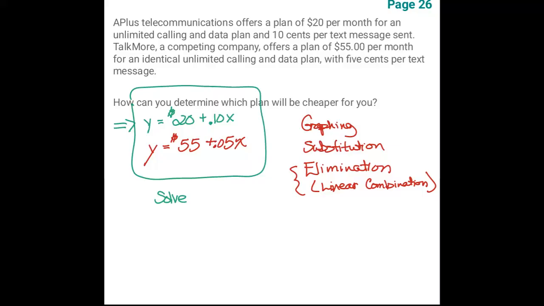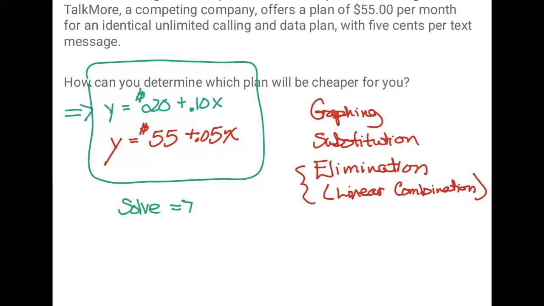No, not an equation. Okay, what does that solution look like? When you are solving these, what are we solving for? Y and X. X and Y, right? So I'm going to get an X and Y that is a point.